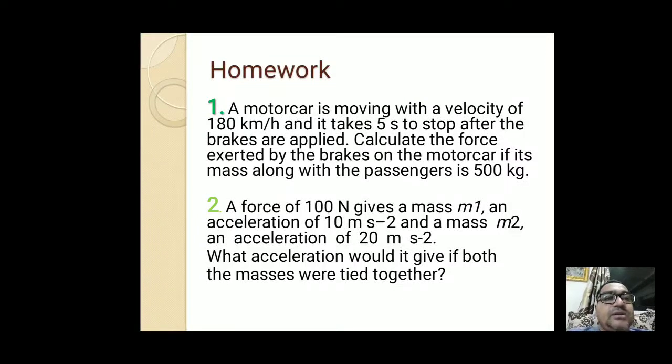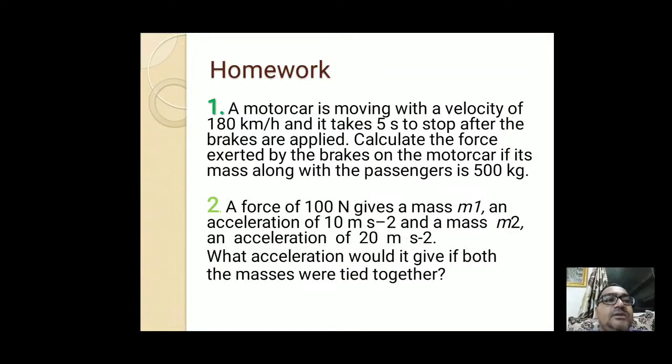And the second question: a force of 100 Newton gives a mass m1 an acceleration of 10 meter per second square, and a mass m2 an acceleration of 20 meter per second square. What acceleration would it give if both the masses were tied together?